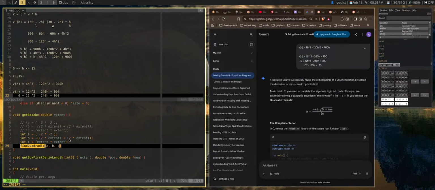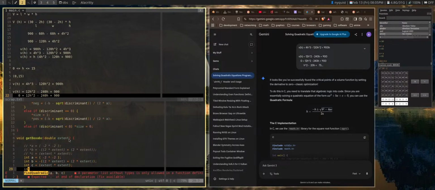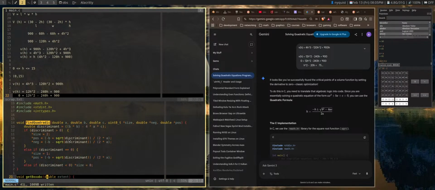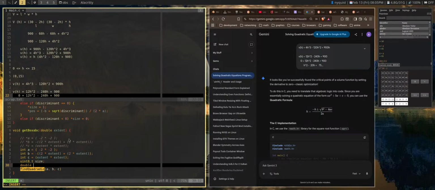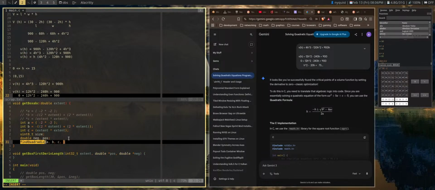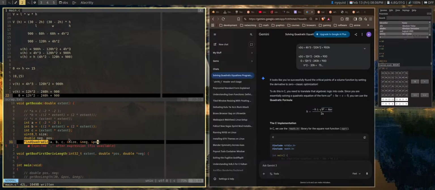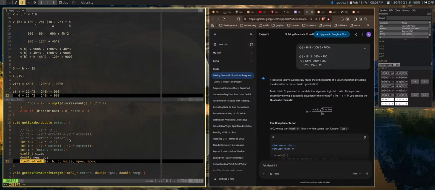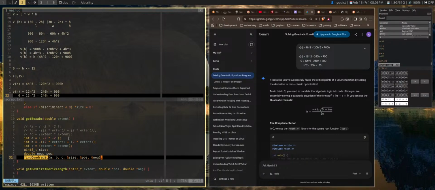A, B, C. Maybe I'll swap these around. Positive and negative.